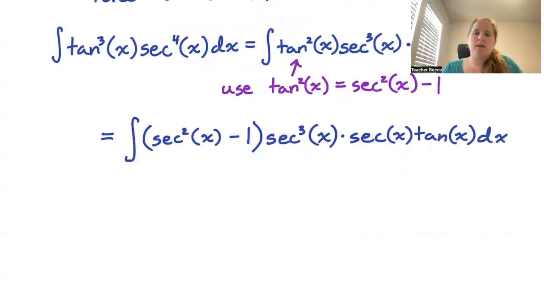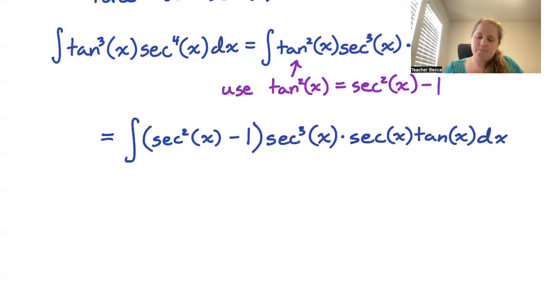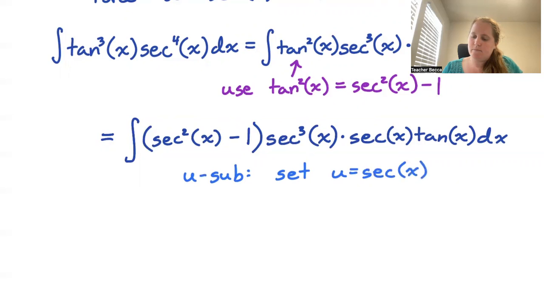Again, we are going to apply u sub. We'll set u equal to secant of x. Then we have that du is equal to secant of x tangent of x dx.